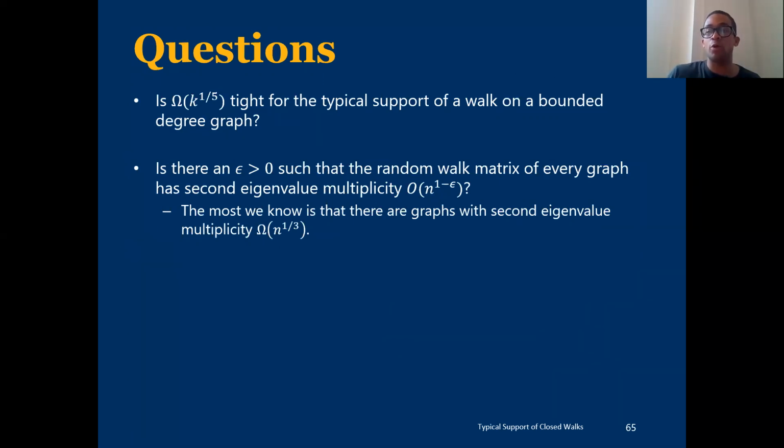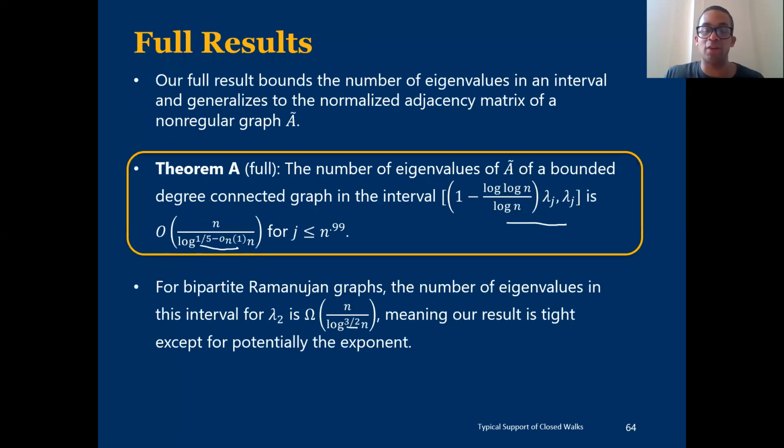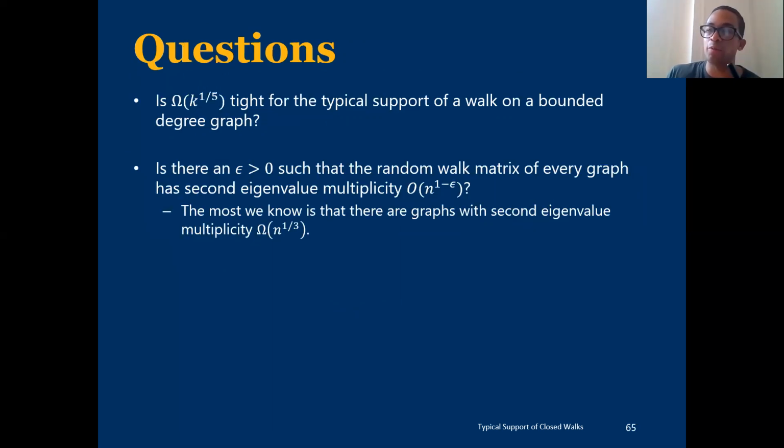And then the other one is whether you can actually improve eigenvalue multiplicity to O of n to the 1 minus epsilon. As shown on the previous slide, when you look at the interval, this multiplicity can't be achieved. It seems like you need something stronger than the tracial methods that we used. But nevertheless, it still seems like a very interesting problem.